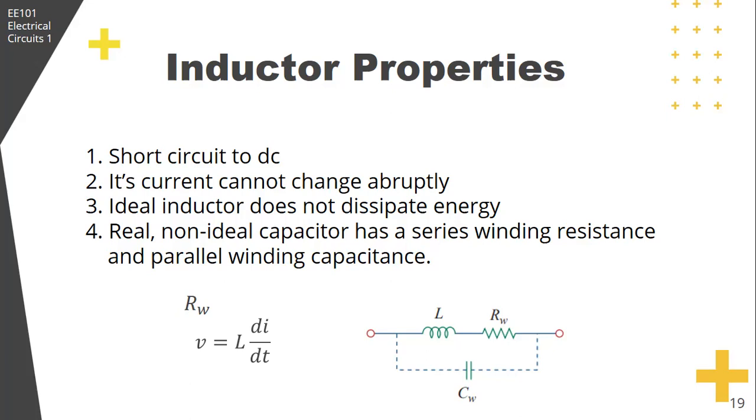Next, for the inductor, the current cannot change abruptly. Earlier, for the capacitor, it was the voltage that cannot change abruptly. Here, for the inductor, the current cannot change abruptly. For the capacitor, V is equal to the integral of I dt, which indicates that I can change abruptly, but the voltage cannot.